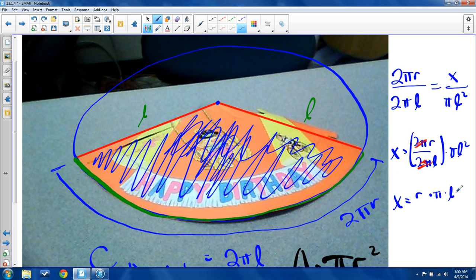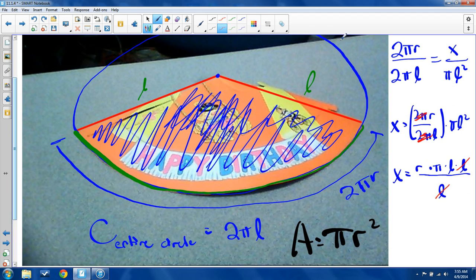I'm just going to make sure, in case you haven't done algebra in a while, I'm going to do it like that, all over l. So we have two l's here, one l right here, so I can cancel out one set of them. Okay, and what are we left with? We're left with r times pi times l. Because we like to do constants first, I'm going to put pi first. So x is pi times r times l.